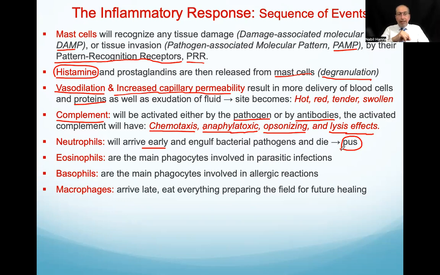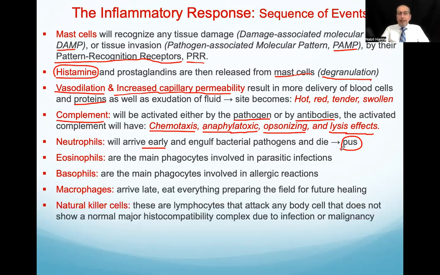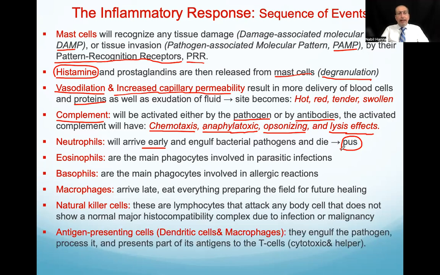for future healing. The natural killer cells, as I mentioned earlier, are lymphocytes that attack any body cell that does not show a normal major histocompatibility complex due to infection or malignancy, they just attack it. And the antigen-presenting cells, which are the dendritic cells and macrophages, are the link between the inflammatory system and the immune system.